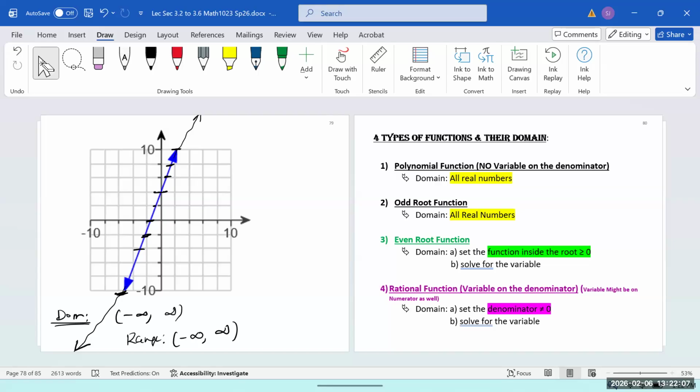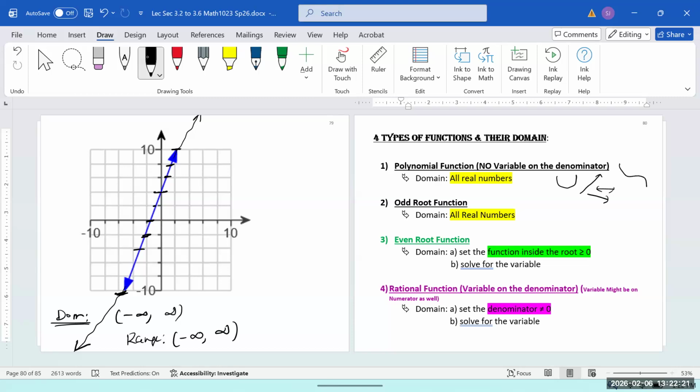For example, parabola, it's a function. Lines, either increasing, decreasing, horizontal, they all are functions. Cubic graph is a function. This thing is a function.